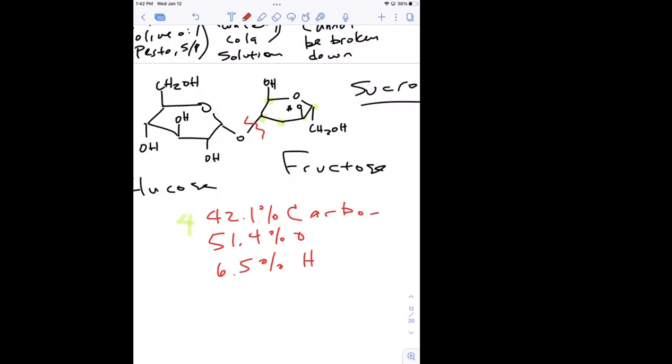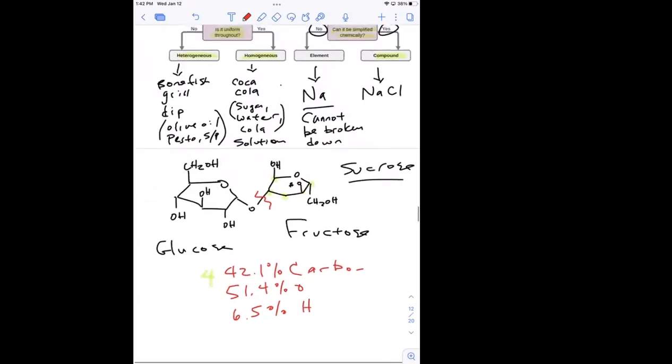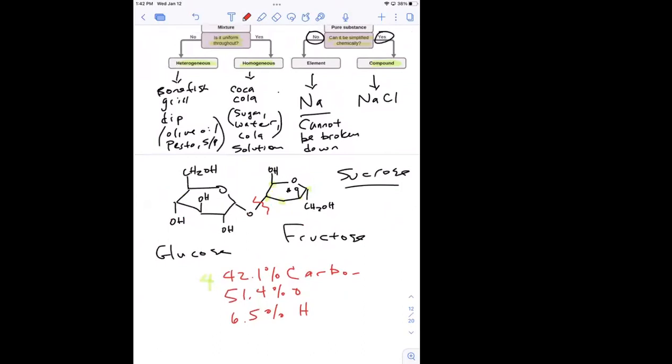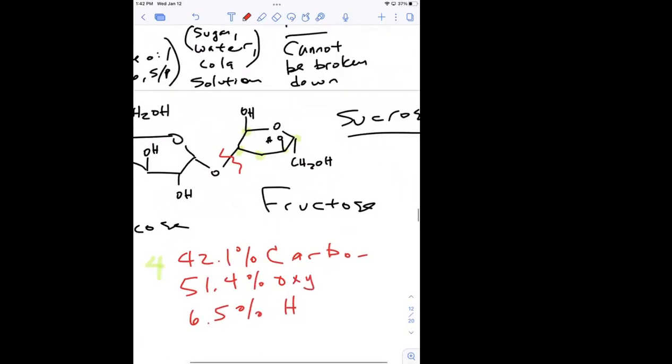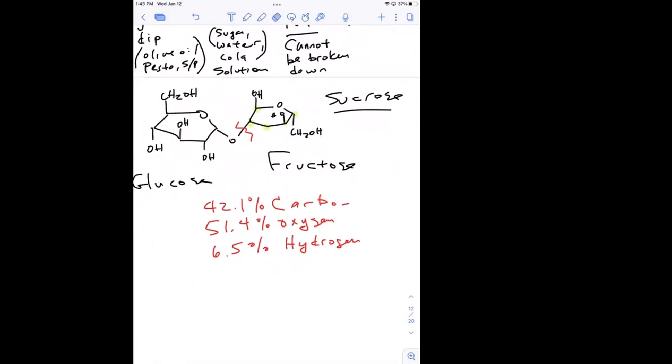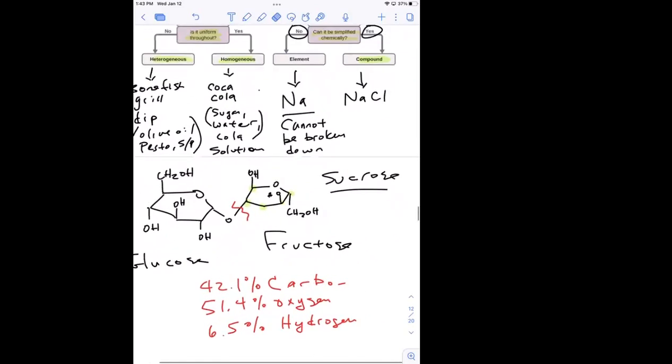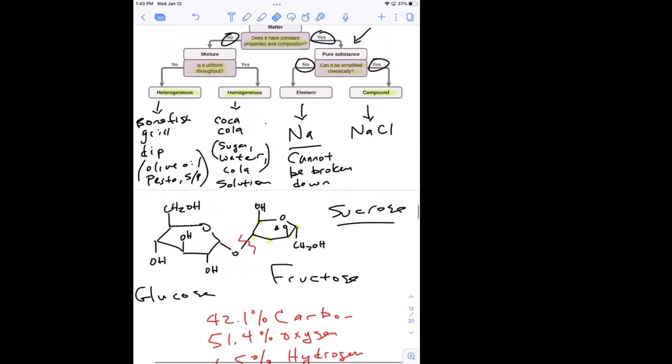It doesn't matter how much you take, right? That's what it means to have a constant composition. If I have a bowl of sugar and I take a spoonful out of the middle of the bowl, as opposed to taking a spoonful from the edge of the bowl, it's not going to matter. It's still going to have the exact same composition. Right, so it's always going to have this 42 to 51 to 6 ratio of carbon, oxygen, and hydrogen. So that's what it means when it says that it has constant properties and constant composition.